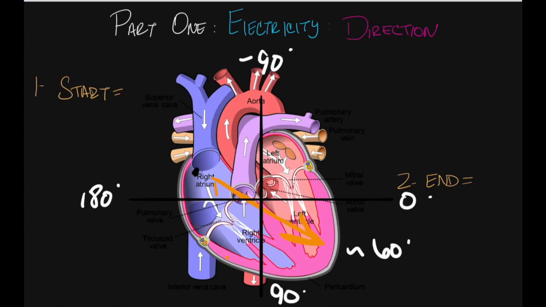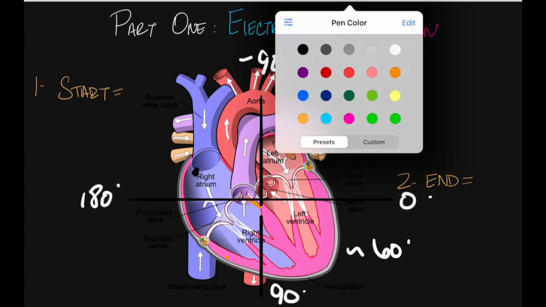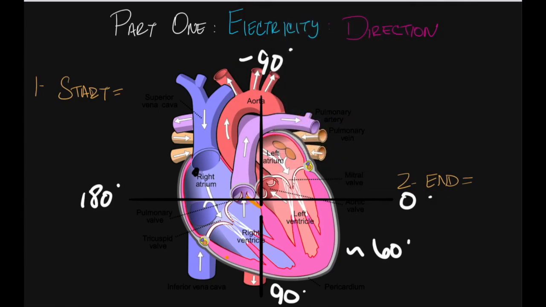Well, now we have a very convenient way to describe the average flow of electricity in the heart. So for instance, if we said the average QRS vector is, let's say, negative 45 degrees, well then we know that we're looking at an electrical vector that's in this movement.